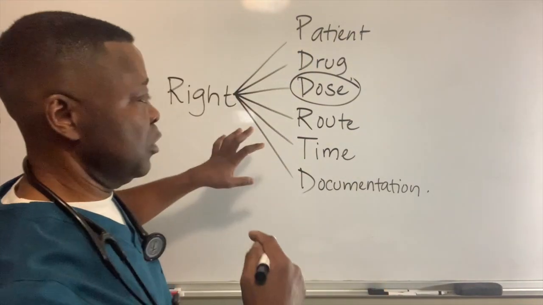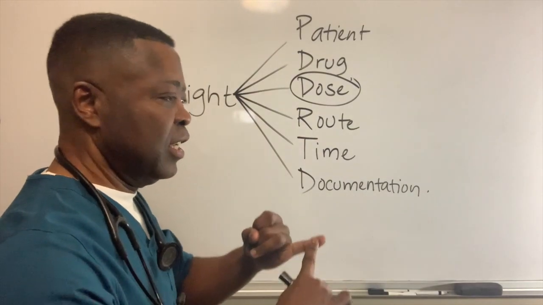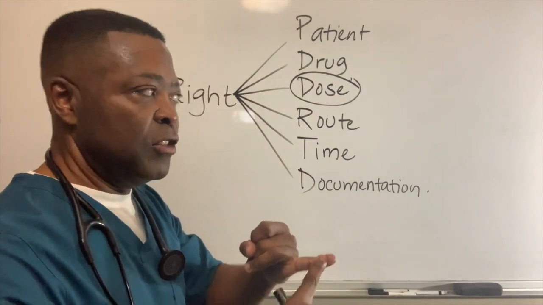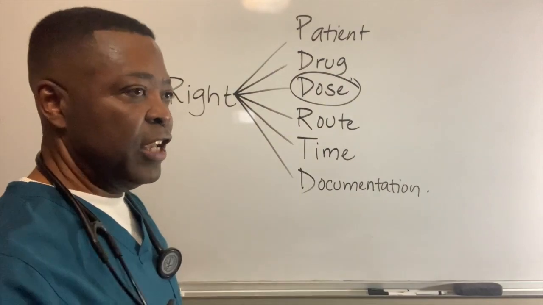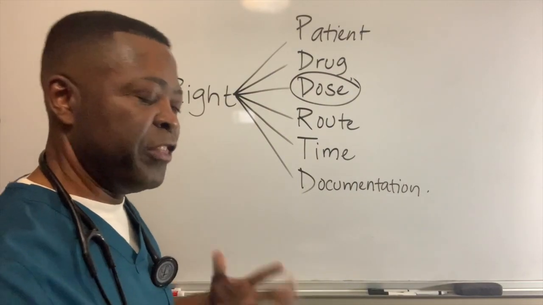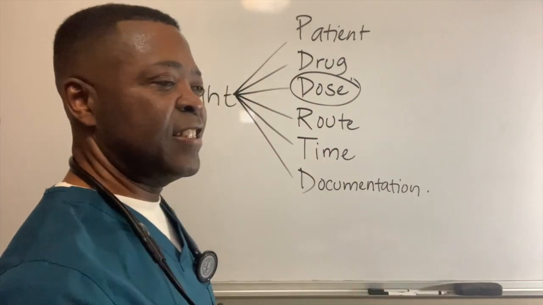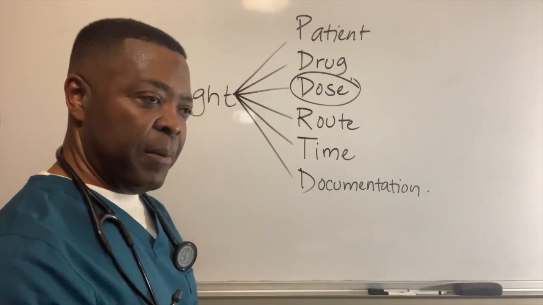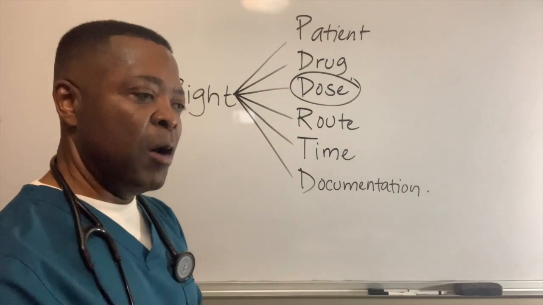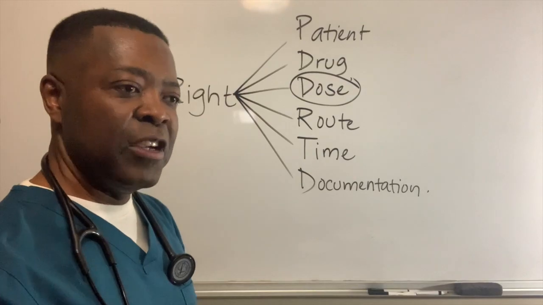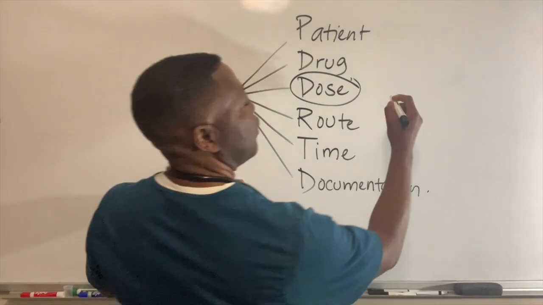The nurse has first to decide whether or not the order is safe. If it's safe to administer, then you proceed with the second step, which is to make your calculation and find out how much exactly to administer according to the order.